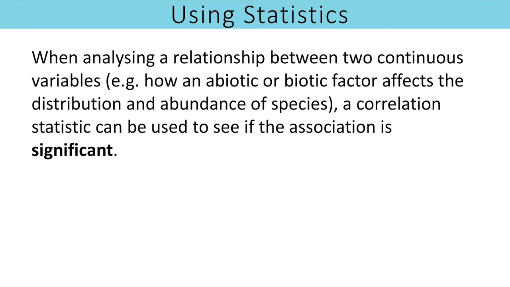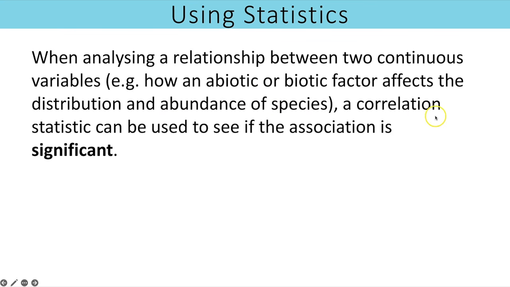Whenever collecting data like this and analysing data, we should always use a statistic to be able to see if we have a significant difference or correlation. And when analysing a relationship between two continuous variables, so for example, how a particular abiotic or biotic factor affects the distribution or abundance of a species, like you might be investigating when you're sampling, that would be the pattern of a correlation.